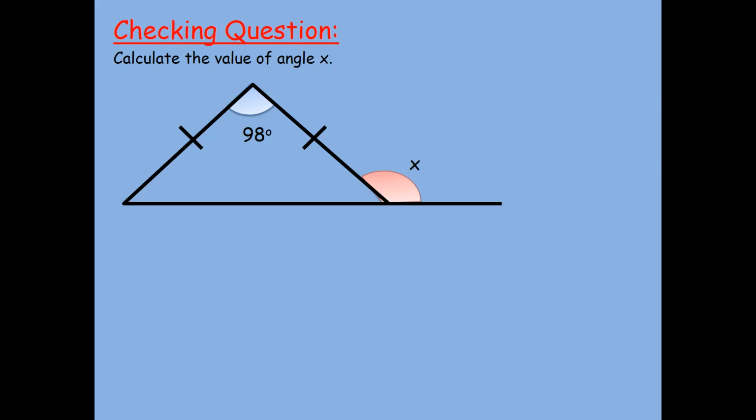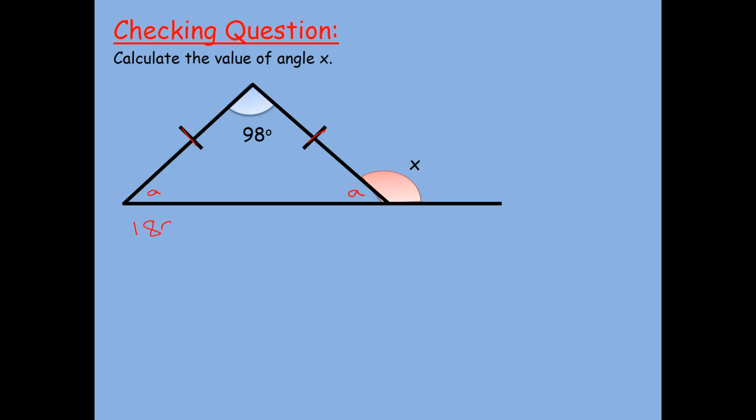Okay, welcome back. So our first thing we need to remember is that these lines mean that these sides are the same length. So we have an isosceles triangle. And we know then that those two angles, I'm going to call them A, must both be the same. So my first job is to work out what angle A is.